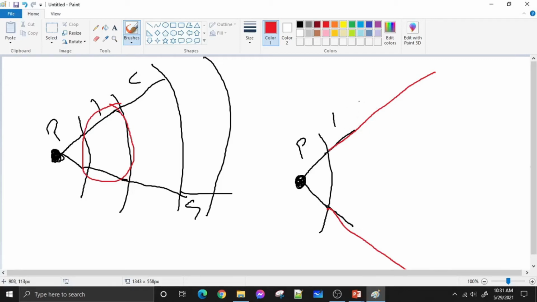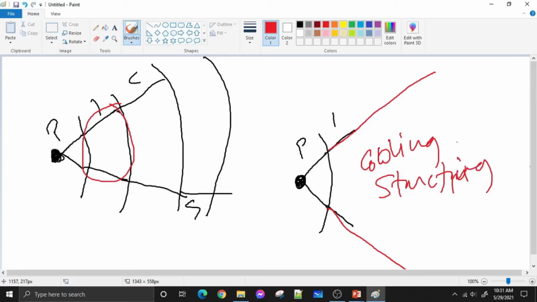And then during that continuous inflation, the cooling state as well as the structuring state, where it forms matter, continue to happen.